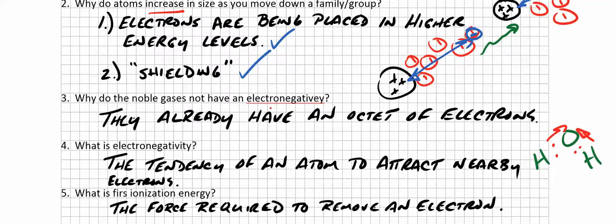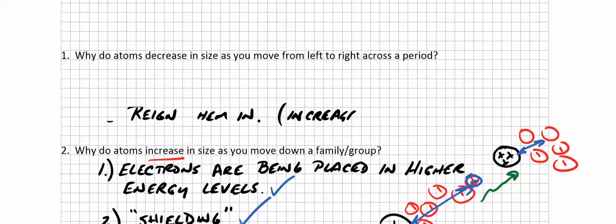Now let's answer question number 3. Why do noble gases not have electronegativity? Well, as it turns out, noble gases already have the full octet. They don't want electrons. So when we talk about the trend that we're going to talk about right now, we're going to exclude the noble gases because they don't have an electronegativity. But here's the trend.